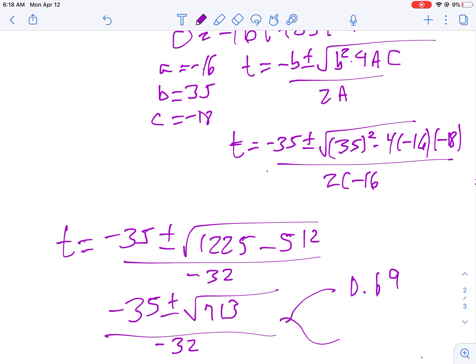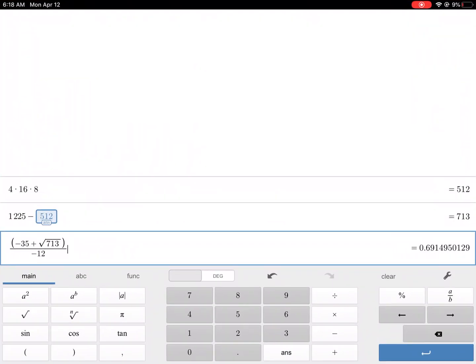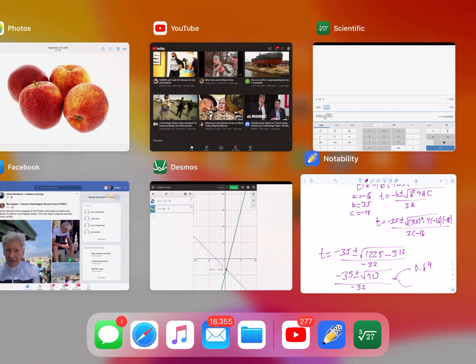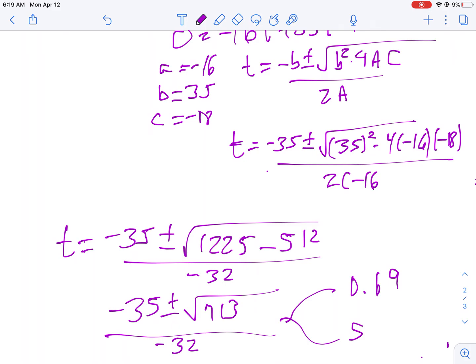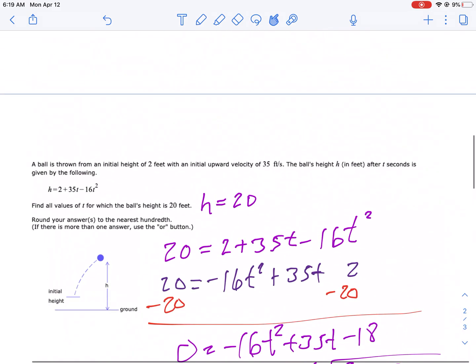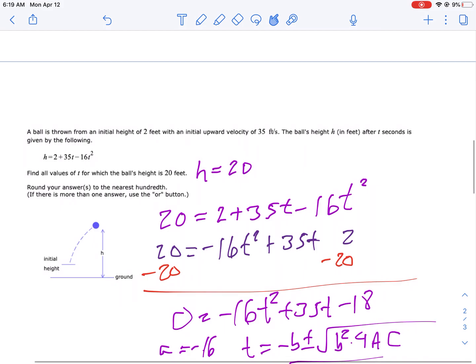Let's do the negative. So negative 35 minus the square root of 713 divided by negative 32 is 5.14. And from your assignment, from your seminar, what that means is the ball hits that height on the way up and then on the way down.